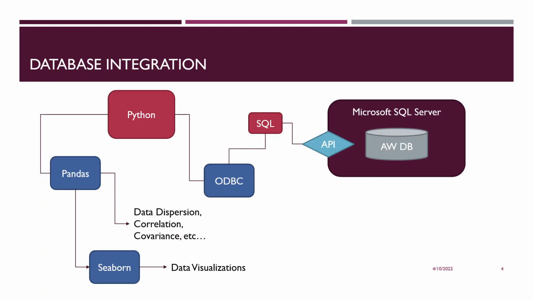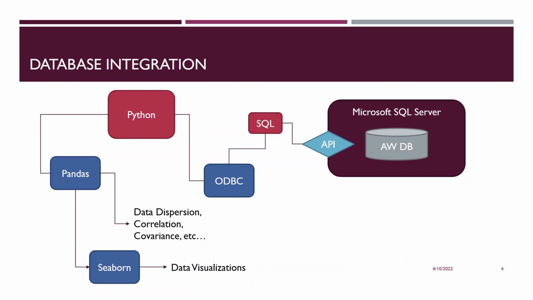Okay, so let's step back for a second. This is our rough architecture at this point in time. A long time ago, in a galaxy far, far away, we had Microsoft SQL Server and the AdventureWorks database. We haven't touched that up to this point, but we are going to revisit it now. We've got an API that we're going to establish using PyODBC.